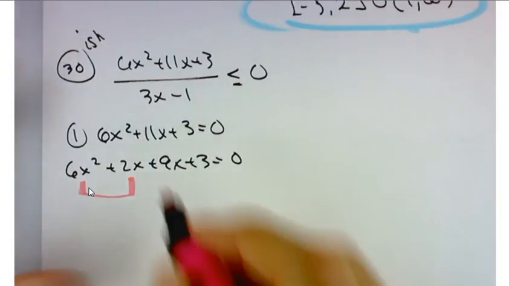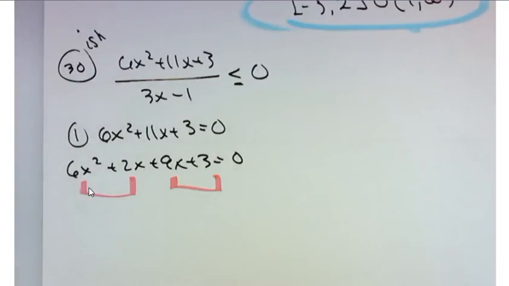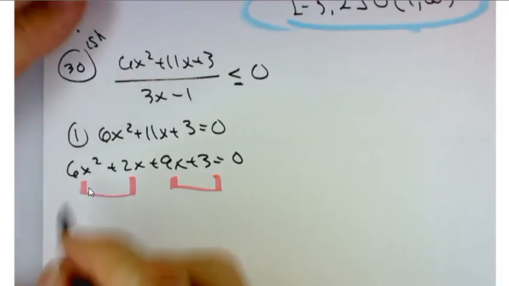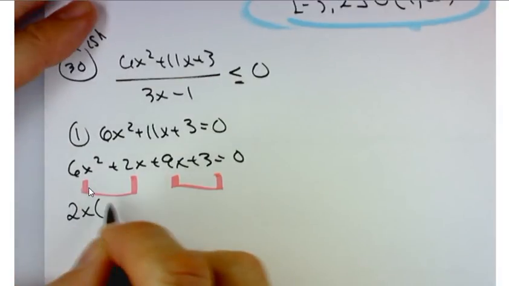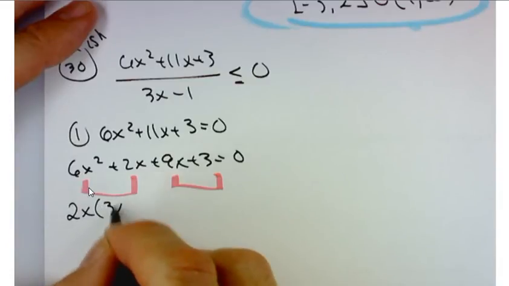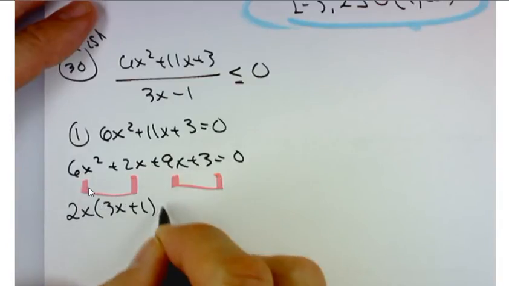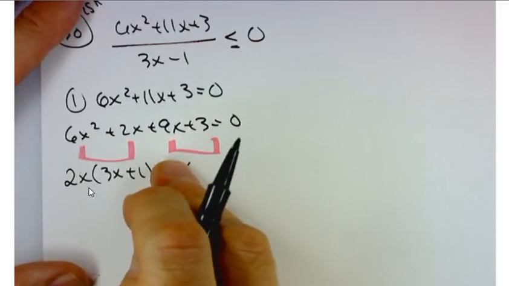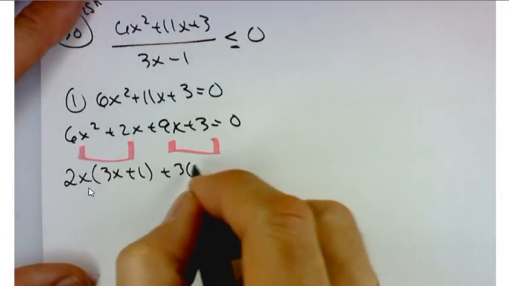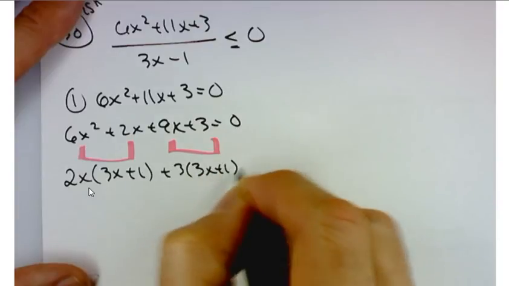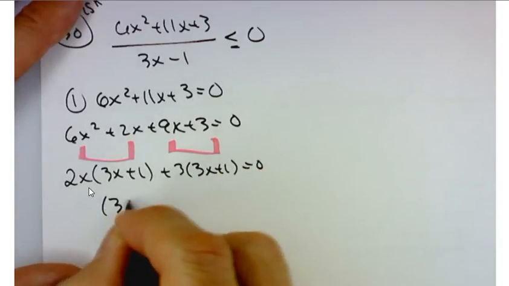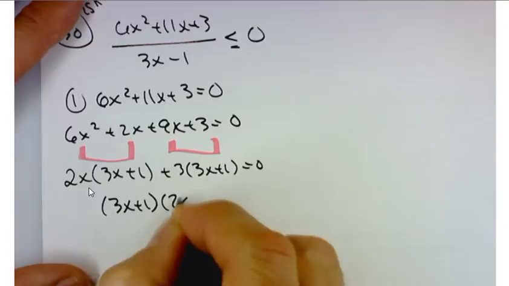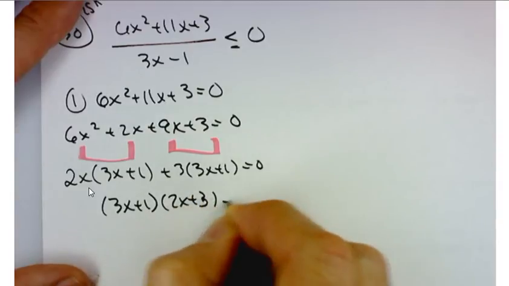The second pair share a common factor of 3. So if I factor out the 2x here, that leaves behind 3x plus 1. What can I factor out of the second pair? 3. Which also leaves behind 3x plus 1. So 3x plus 1 times 2x plus 3 equals 0.